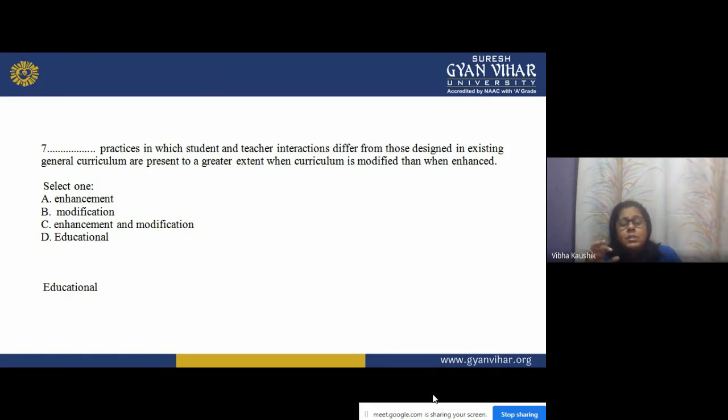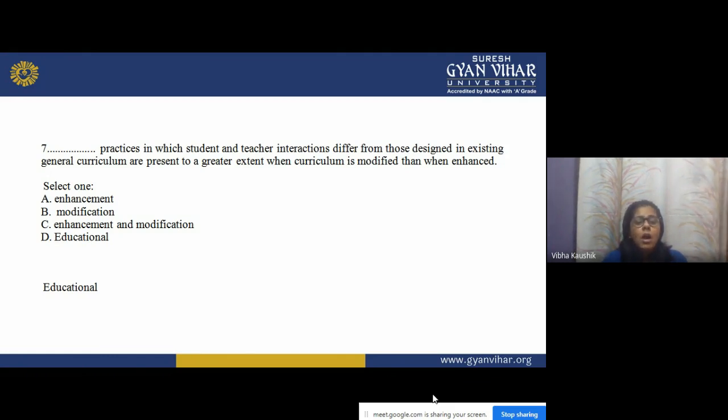Differ means it's totally different from those designs that are actually used in the existing general curriculum. Means the process of interaction differs in a new curriculum from the curriculum that is existing. Designs in the existing general curriculum are present to the greatest extent when the curriculum is modified than when enhanced.